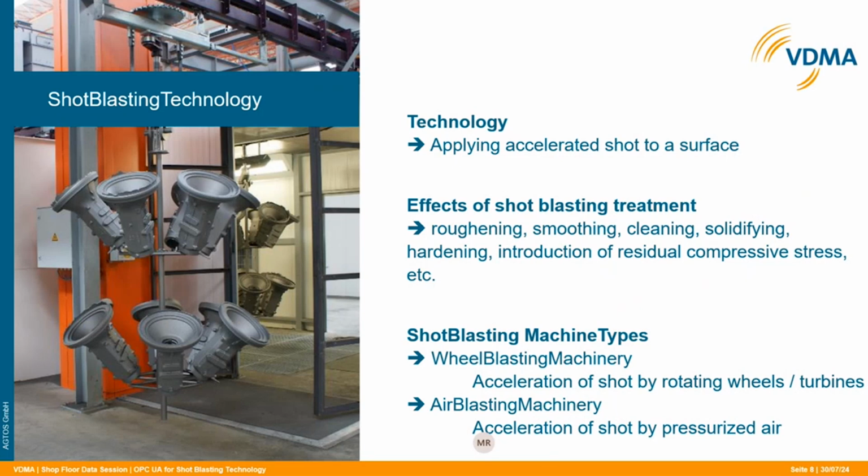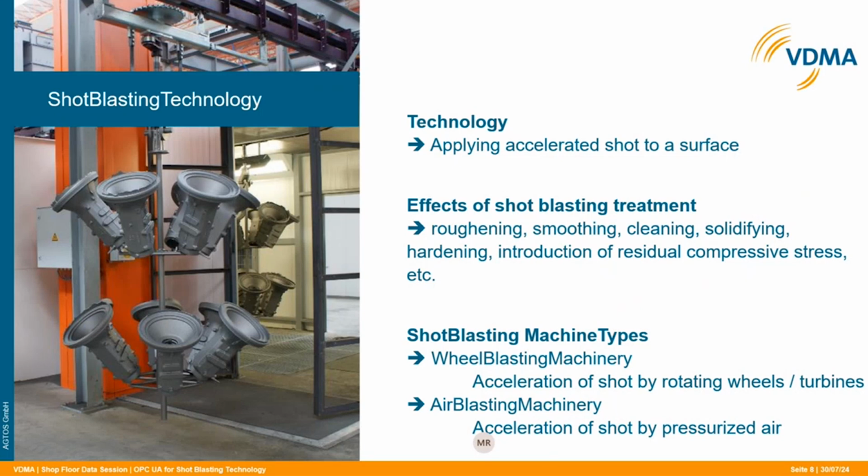So the effects you will reach with shot blasting are roughening or smoothing a surface, also cleaning. For instance, when you have die casting, you have to clean your work pieces later on, and that's where they apply shot blasting in that industry.